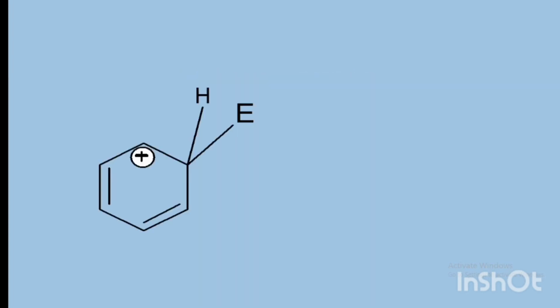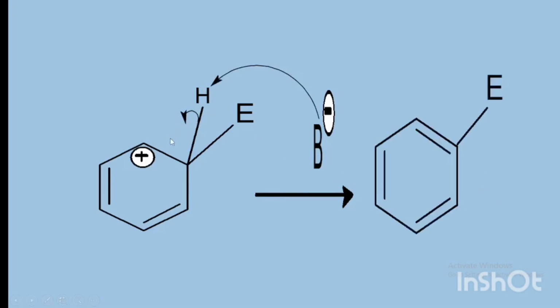So we have that carbocation which was formed in step number two. A base comes in to get a proton, and these electrons which are left behind are used. You can see these electrons are going to be used to restore the aromaticity of the benzene ring. So this is step number three.